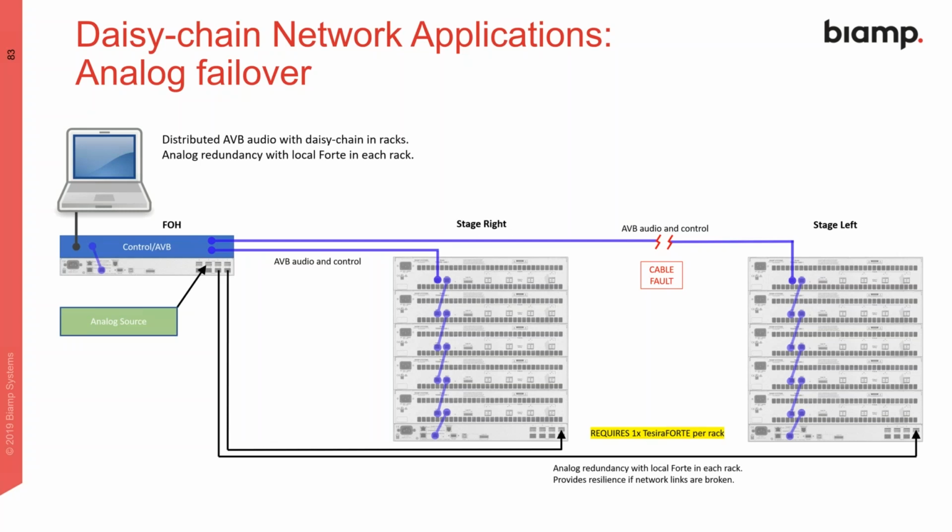If signal was lost from number one, you have a ducker that brings in signal from the analog input at the bottom. So you become a self-contained stage left rack fed by the analog input, as opposed to taking your feed from the AVB input. So it's a way to provide some analog redundancy if necessary.